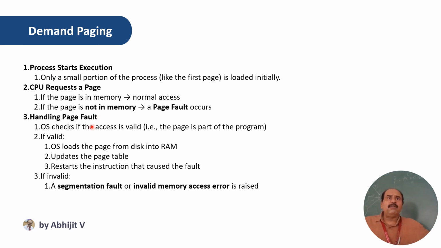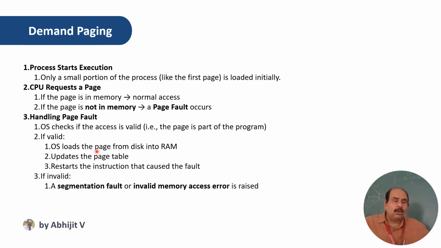So from this we will understand the concept of a page fault also. When the page is not in memory, a fault occurs. In that we have two conditions. It checks whether the reference is valid or not.